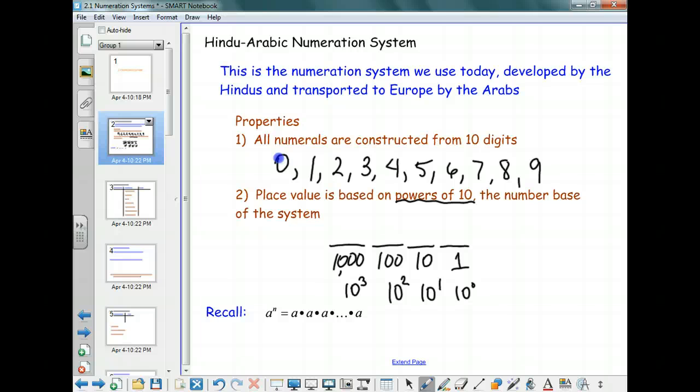Now, any idea why we have a base 10 system? Yeah, and it's not the toes, it's the fingers. It's because you have 10 fingers.